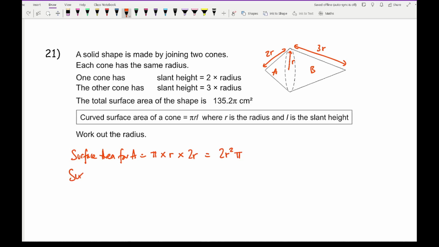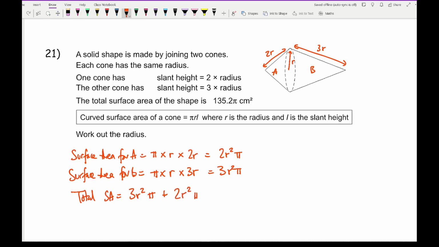Now the surface area for B is going to be equal to pi times r times 3r. That's going to be 3r squared pi. So the total surface area is going to be 3r squared pi plus 2r squared pi, which gives me a total of 5r squared pi.